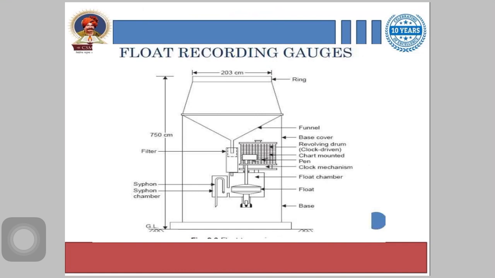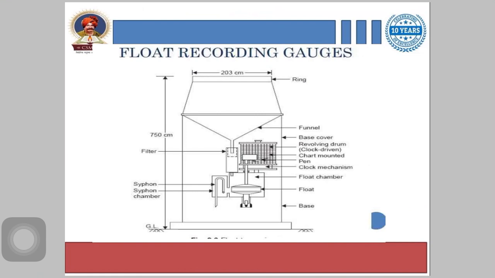This diagram shows the construction of the floating type of rain gauge. In this case the rainwater enters through the funnel into the chamber called the float chamber, and when the level of the rainwater collected in the float chamber increases, the float moves up. A connecting rod is fixed to the float and the pen.